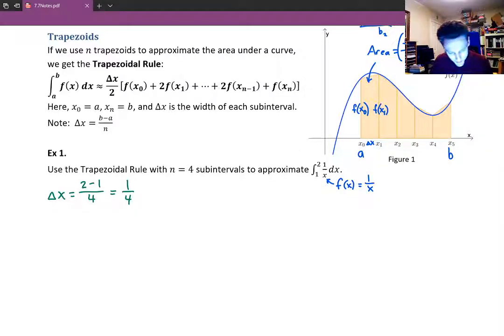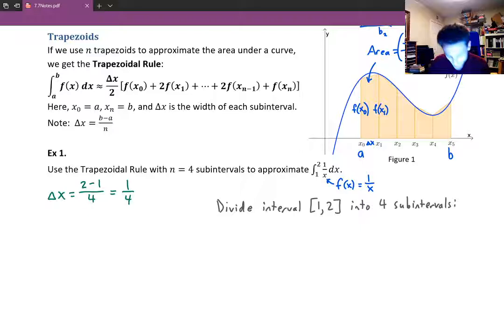I'm going to write that in a particular way. First, I'm going to write what we're doing. We're dividing the interval from 1 to 2 into 4 subintervals, or 4 pieces you could say. I'm going to draw a number line to help organize everything.